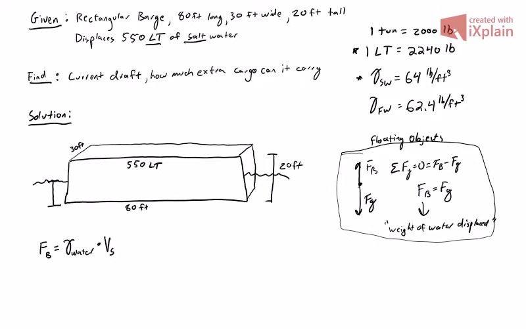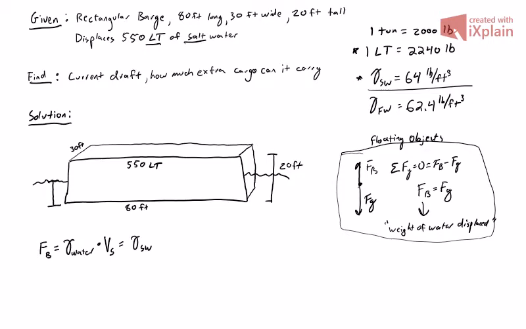In general, it's not even the specific weight of water, it's the specific weight of the fluid. Now for us, we know that it's in salt water, so we can rewrite this as the specific weight of salt water. And then we can look at that volume displaced.